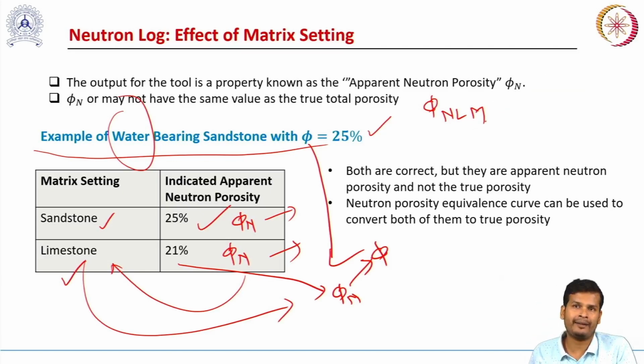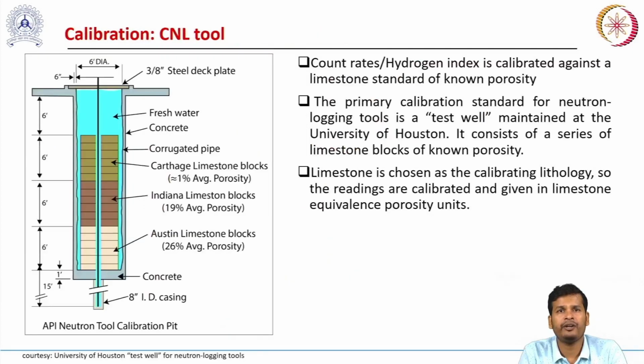Before I show you the neutron porosity equivalence curve, I want to discuss how the neutron logging tool is calibrated. This primary calibration is performed in a test pit which is located at the University of Houston. So the count rate or the hydrogen index is calibrated against a limestone standard of known porosity.